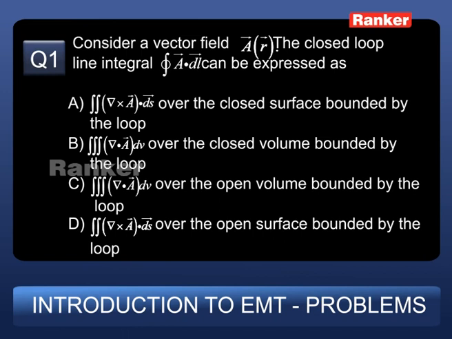Option B, a triple integral, closed, del dot A bar dv over the closed volume bounded by the loop. Option C, open volume integral of del dot A bar dv over the open volume bounded by the loop. And option D, double integral, open, del cross A bar dot ds bar over the open surface bounded by the loop. This is the question given to us.